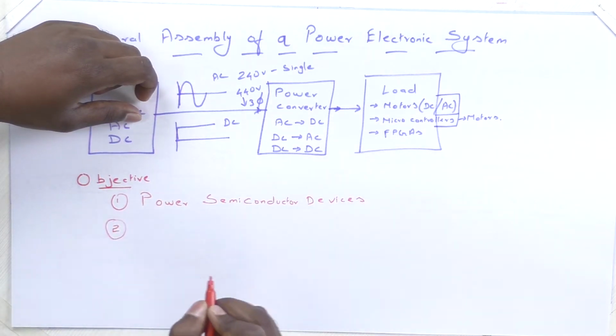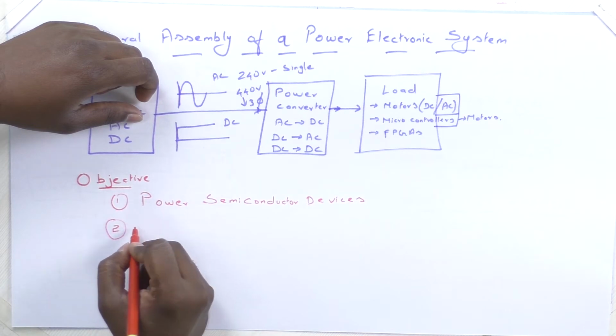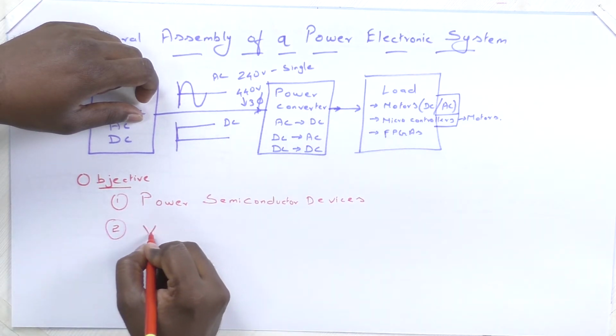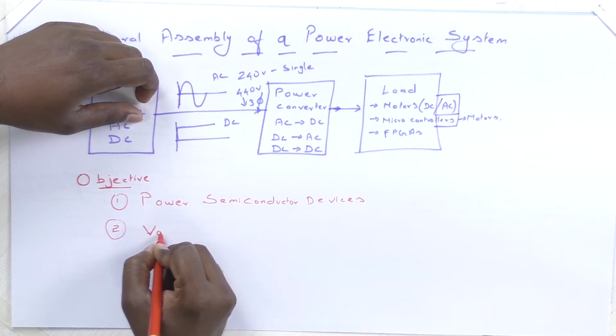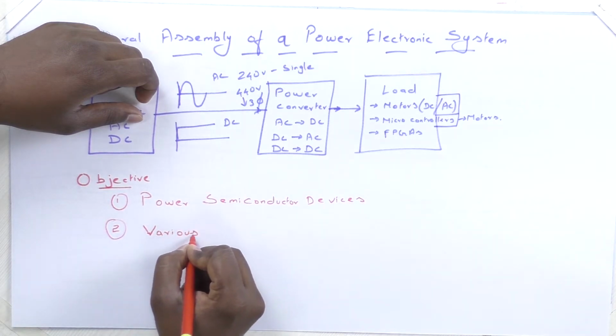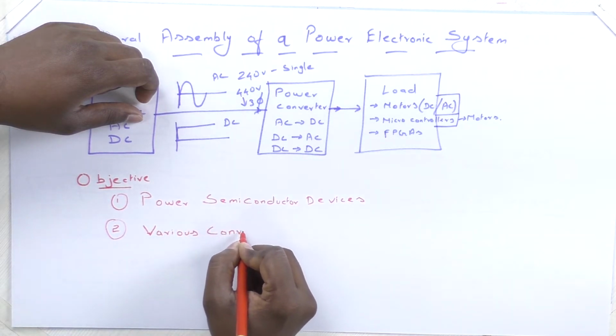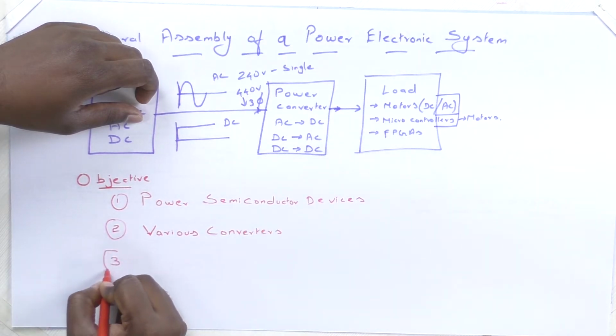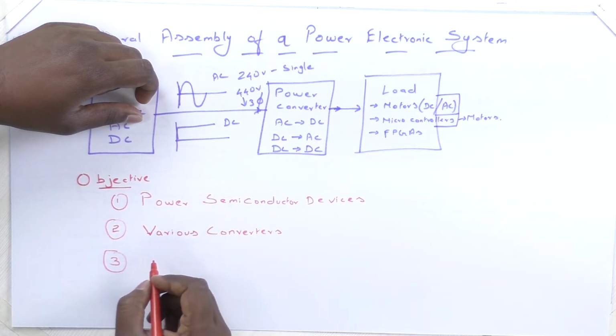And second, the converters, like what are the various converters that come along with this power controlling. And then third, the controlling part.